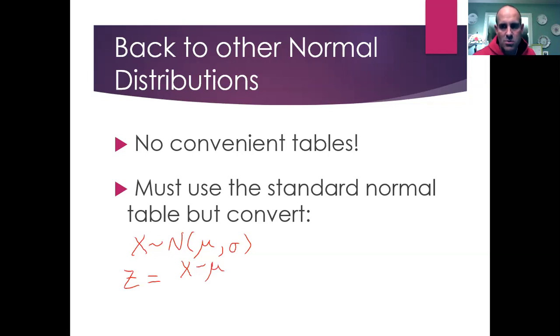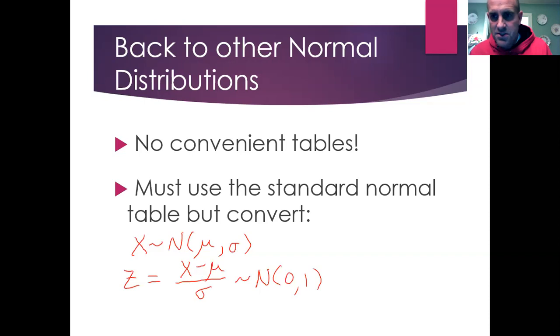If the standard deviation was sigma before, I need to divide by sigma so that the new standard deviation is 1. So this is the relationship between z and x. This is how I can convert any normal random variable to a standard normal. This will just be normal with mean 0 and standard deviation 1.